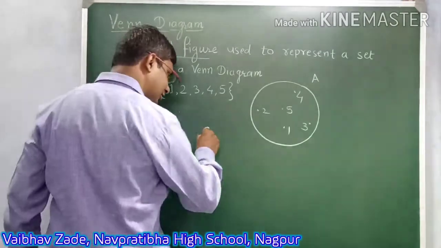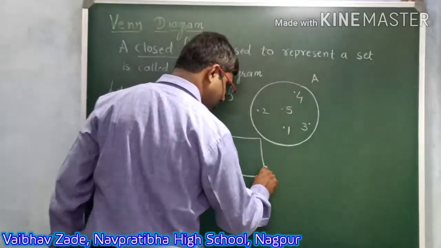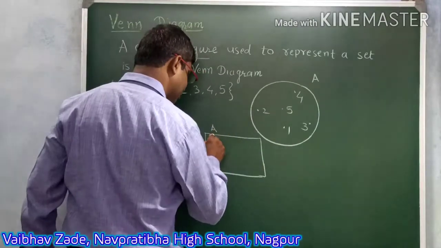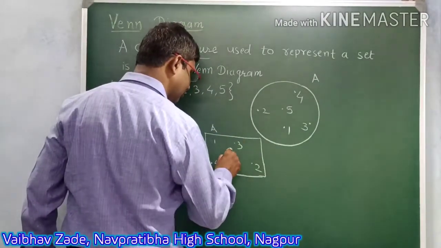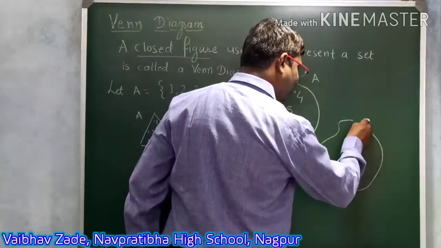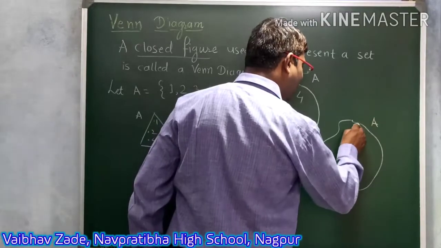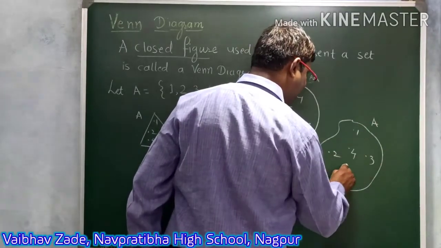You can also draw a rectangle or a square, with set A's elements 1, 2, 3, 4, 5, or any figure. This is also called your Venn diagram.